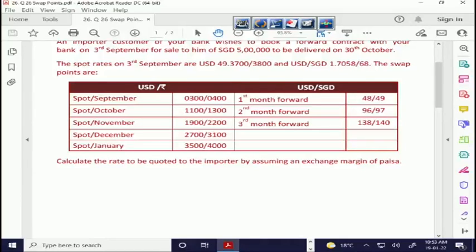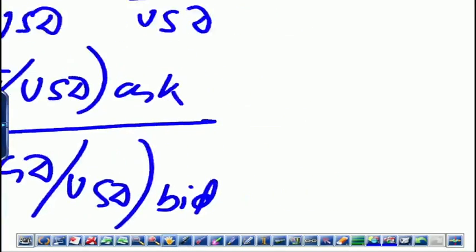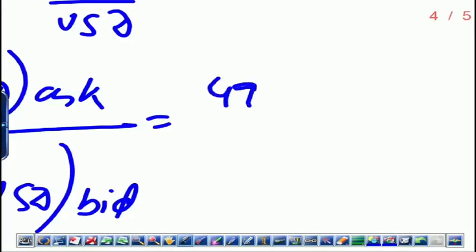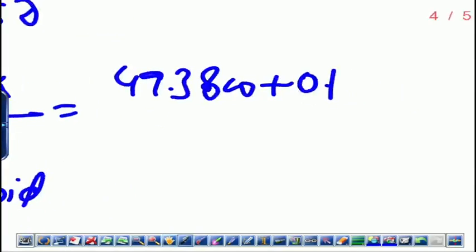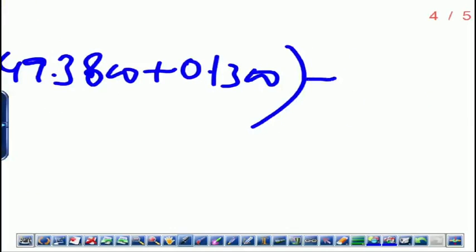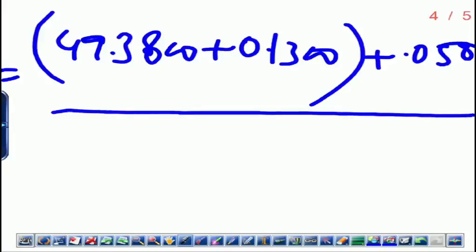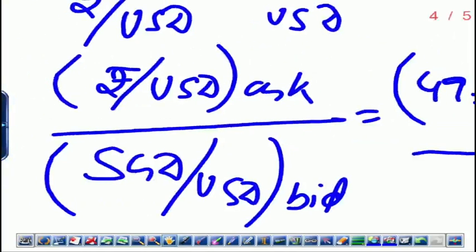So basically, 49.3700, 49.3800, the ask rate. 49.3800 plus 0.1300, whatever we get, and because there's a margin of 5 paise, plus 0.0500. Okay, that's the ask rate I will take, the rupee per dollar ask rate.